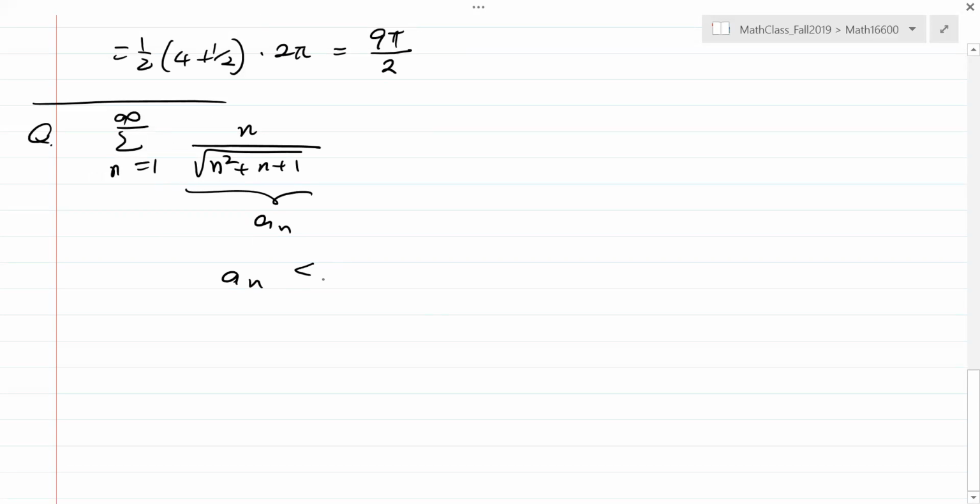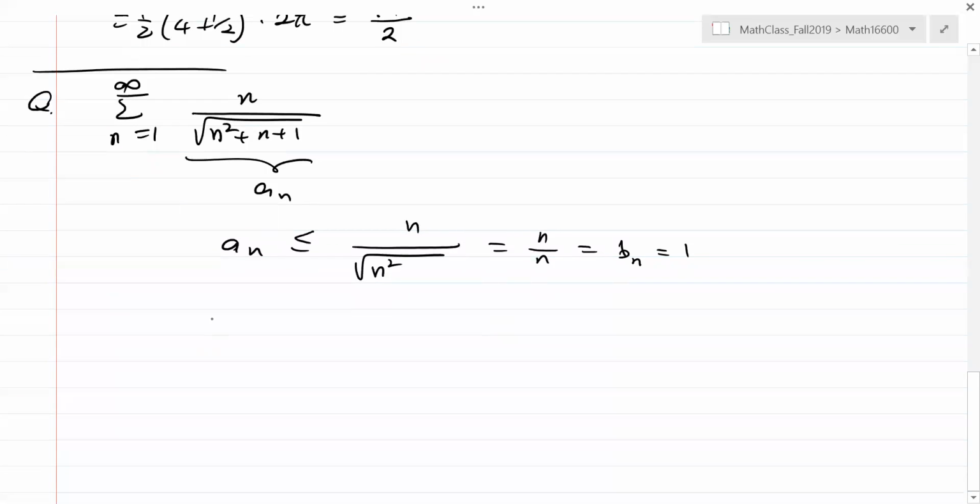So for the comparison, this is the a_n. a_n is less than or equal to n squared over n, which is 1. But that does not help. I know b_n equals 1, and I know b_n is divergent, but that does not imply a_n is divergent, because the inequality goes in that direction. But you can simplify in this form.